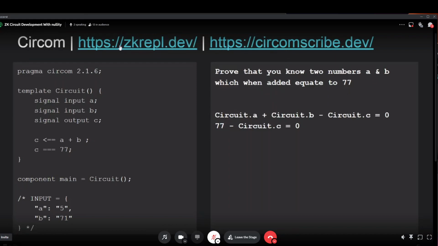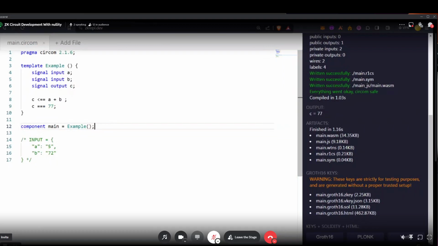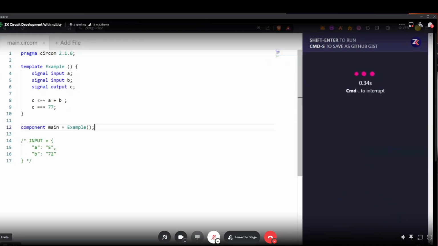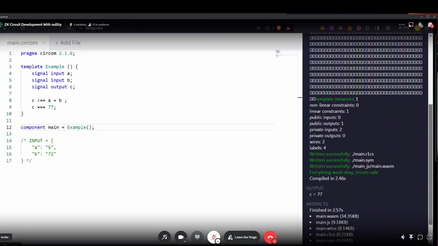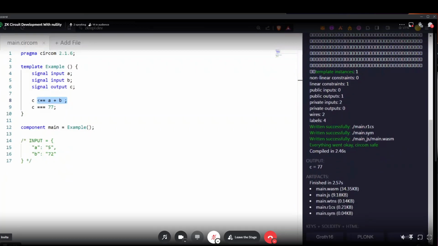So let's dive into zkREPL and see how we run our circuits. I have my circuit here, and to run this circuit, I just have to do Shift and Enter. And it says I have one linear constraint, which is this one. And I have two wires, four labels, that's all fine. And the output is 77.